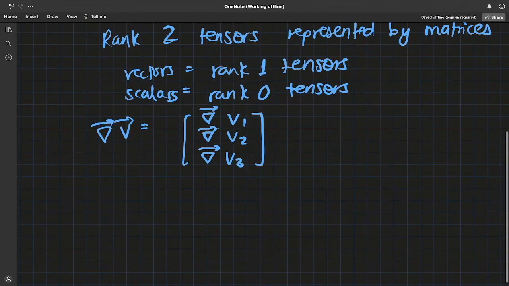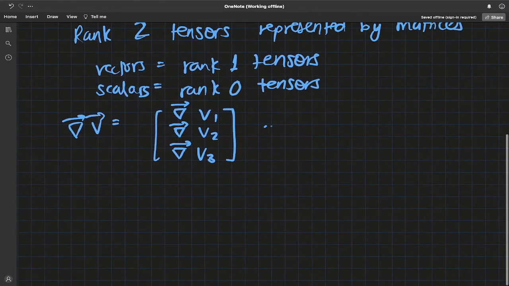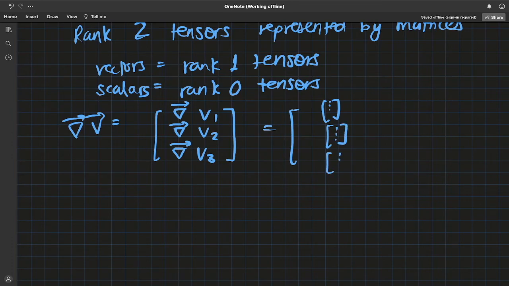And since you get a separate 3-element column vector here, and a 3-element column vector here, and a 3-element column vector here, that's why this becomes a matrix, just naturally.